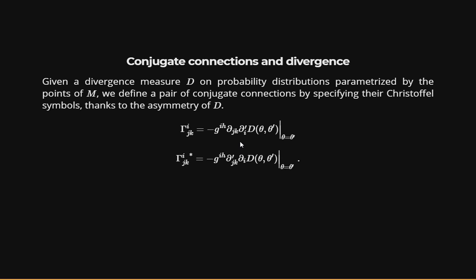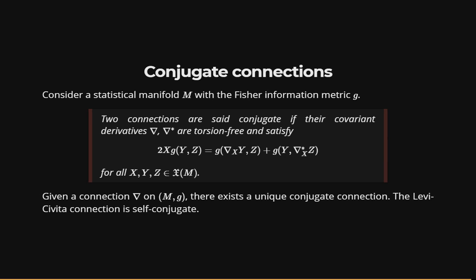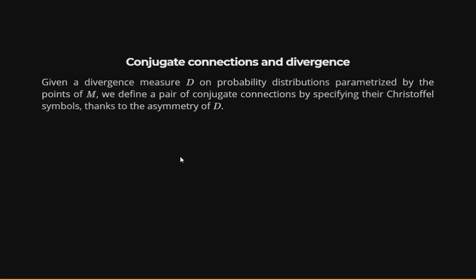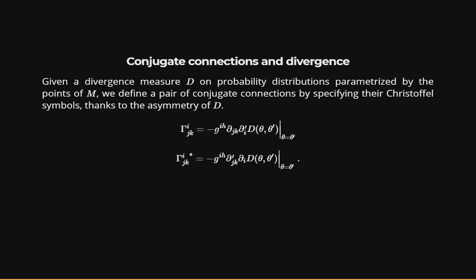But the main point is that in the formula you have also the metric. So you have the two connections and the metric, and the metric is also given in terms of partial derivatives of this divergence function.